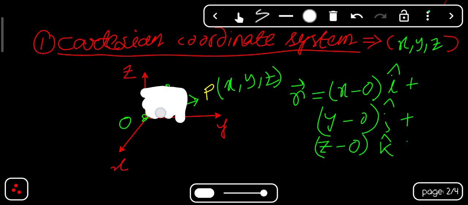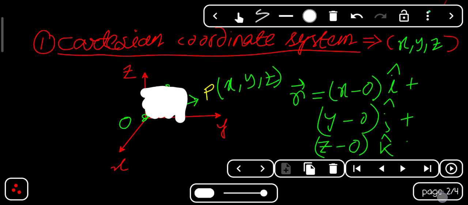You can see here that the surface is pointing its direction towards the x direction. You can visualize this in your copy: if you take the paper as the YZ plane and the x-axis along the outward direction of the paper, then the paper will be the YZ plane and the x direction will be perpendicular to the plane of the paper. I hope you understood this.